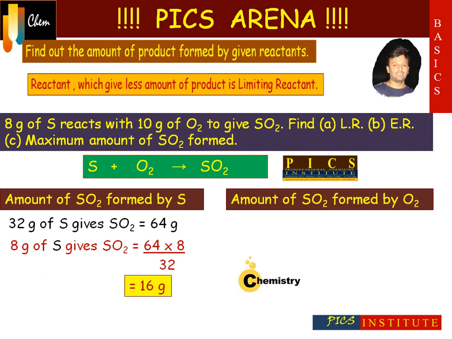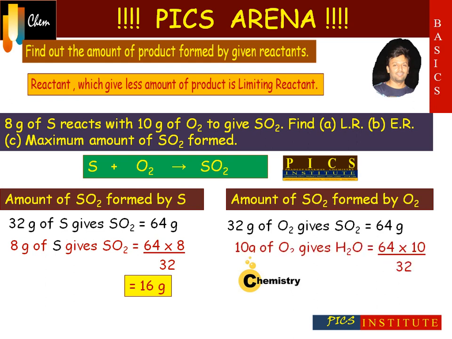Similarly, for oxygen, from the equation we can say 32 gram of O2 gives 64 gram of SO2, and the given amount of O2 is 10 gram. So we can say 10 gram of O2 gives 20 gram of SO2. So the limiting reactant is sulfur because it is giving less amount of product.